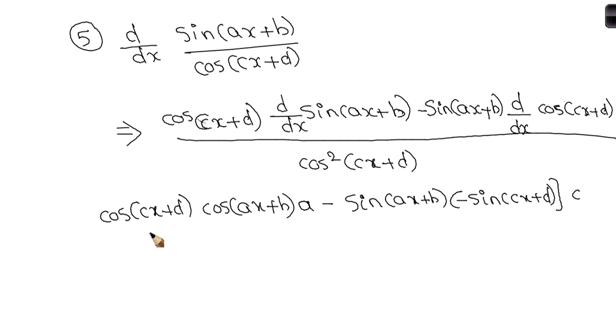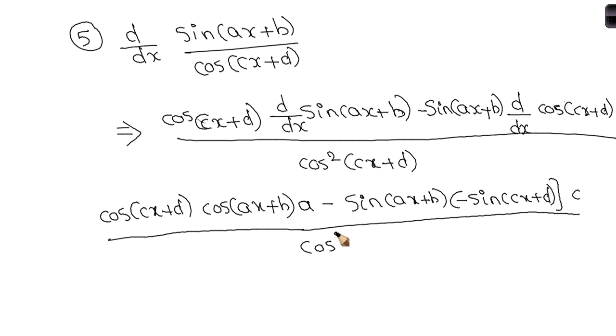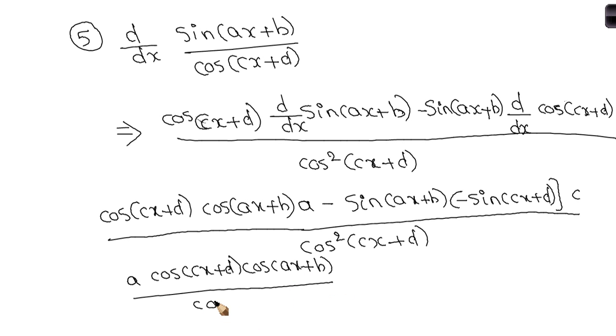Which would be c, upon cos square of cx plus d. Good. So this becomes a cos of cx plus d into cos of ax plus b upon cos square.